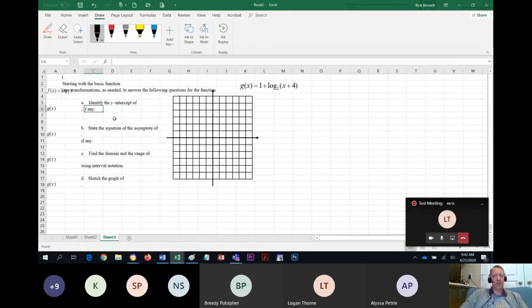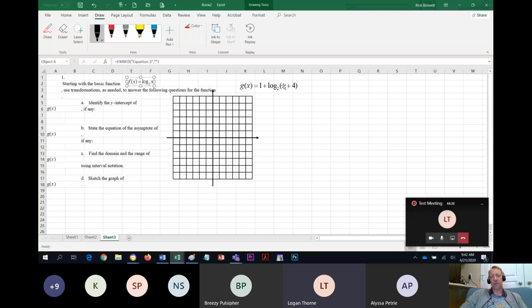Identify the y-intercept, if any. So how would I do that? Just plug in 0 for x, right?